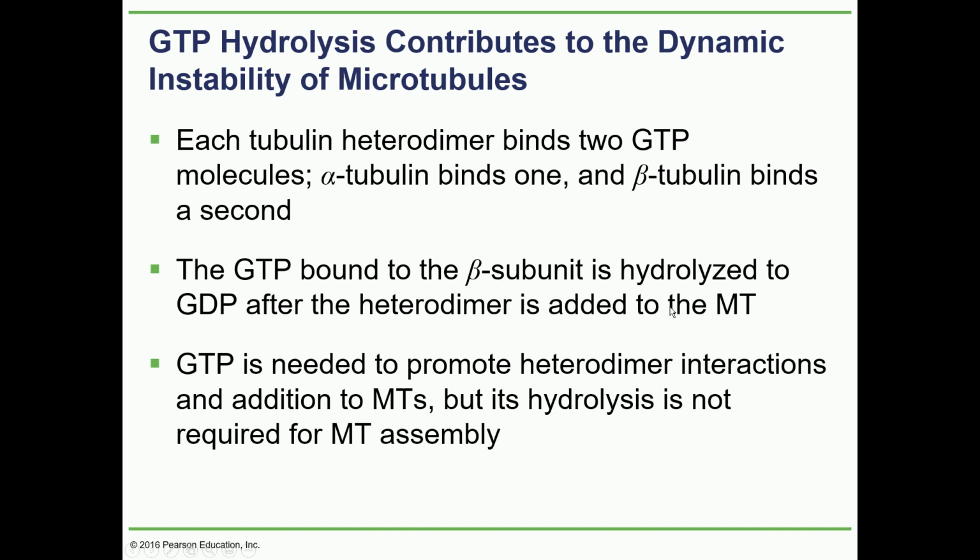So as the microtubules are getting assembled and these heterodimers are added to the microtubule, both the alpha and the beta subunit have GTP bound to them, but the GTP which is bound to the beta subunit is hydrolyzed to GDP.